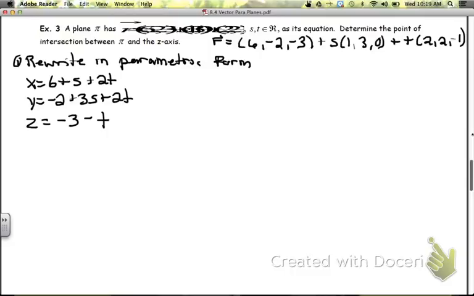All right, second step, the z-axis we know is going to be (0, 0, c), and we're just going to hold that as c.